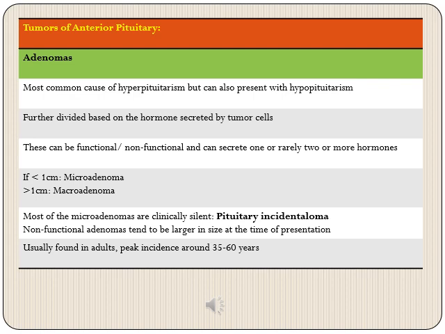Now we discuss hyperpituitarism, and the single most important cause for this is the presence of an adenoma in the anterior pituitary. Starting with the adenoma of the pituitary, this is the single most important cause of hyperpituitarism, but at times these patients can also present with hypopituitarism if the tumor is non-functional.